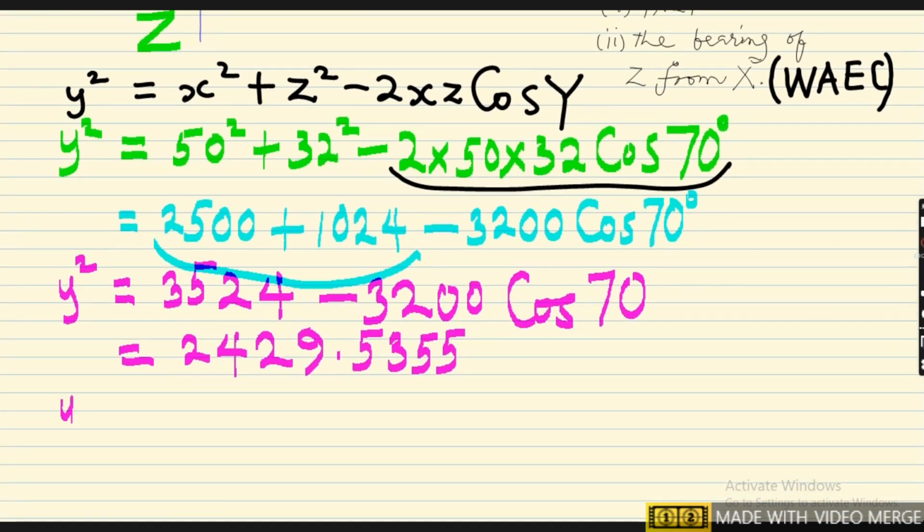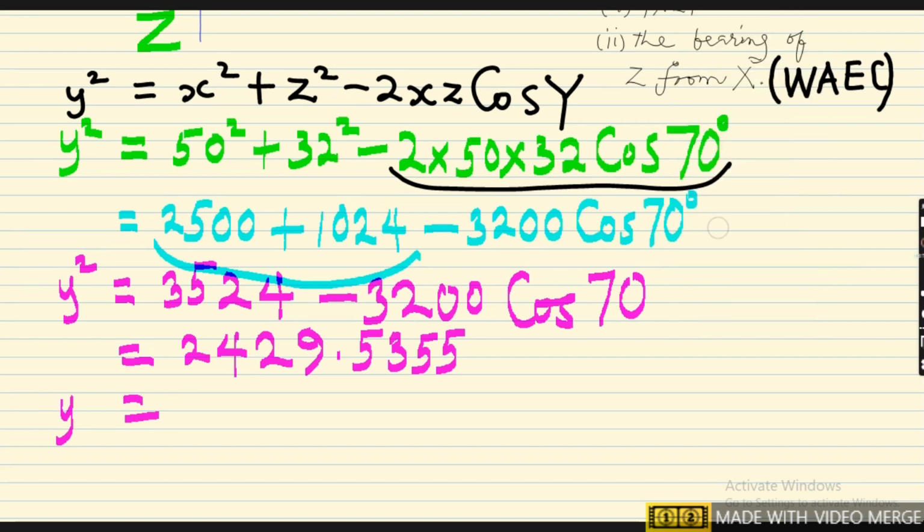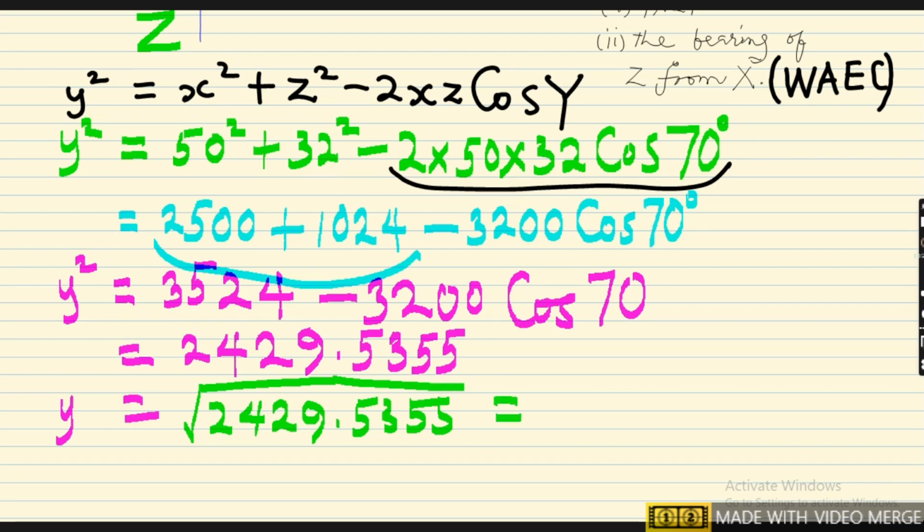So here, your y, taking the square root. Ensure that you take the square root of both sides. So that's the square root of 2429.5355, and that gives us 49.29 kilometers.